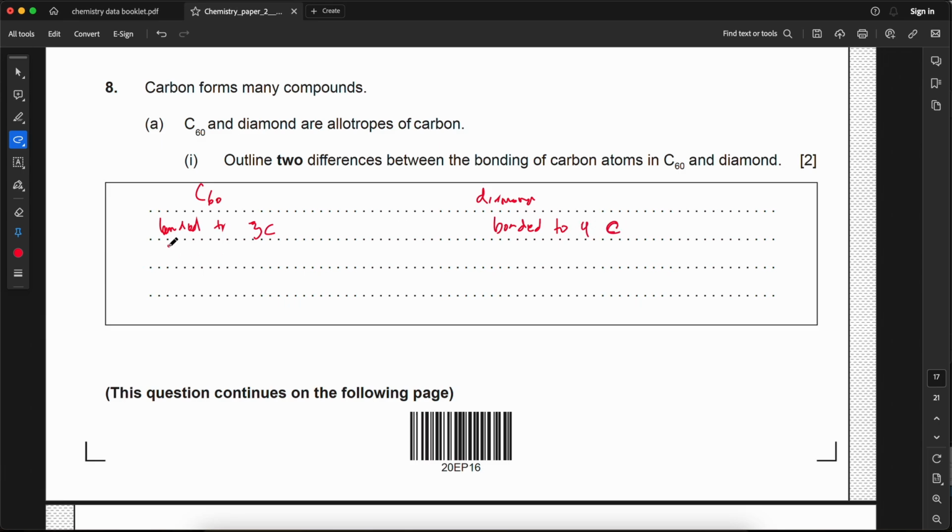And C60 is sp2 because 3 domains, and diamond is sp3 because 4 domains. And also C60 has pi electrons free to delocalize, but diamond does not delocalize. Okay.